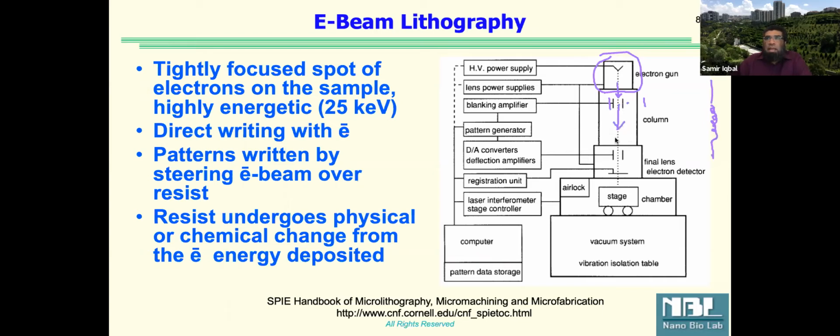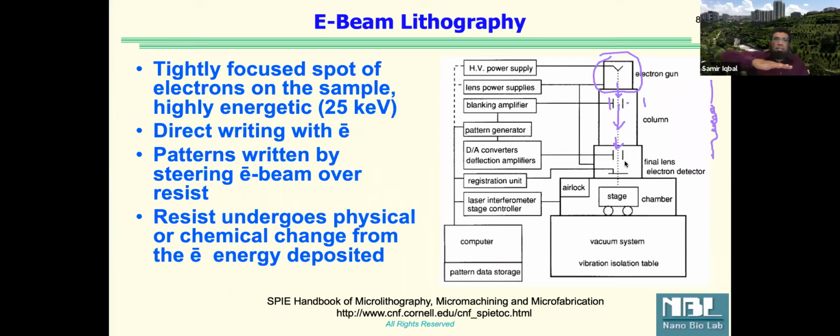We have again a bunch of plates, and we want to point all the electrons coming out into a very sharp point, like a laser. Laser is too big for that, even compared to the beam that we get. So we have this tightly focused spot of electrons, and we start writing with those electrons on the surface.